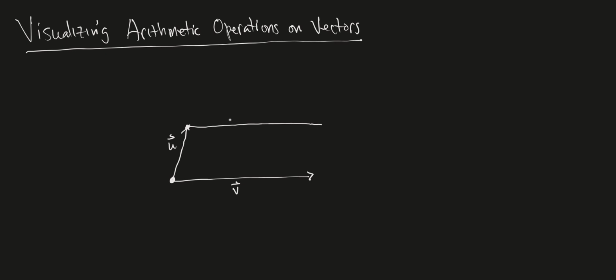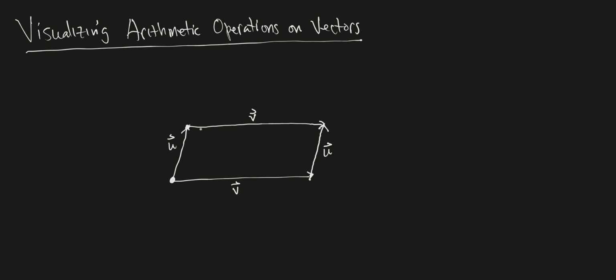right? So this is also v. And then I'm going to make the fourth side of my parallelogram by completing it with u. Again, these two vectors are equivalent, these two vectors are equivalent, these two are parallel, and these two are parallel.